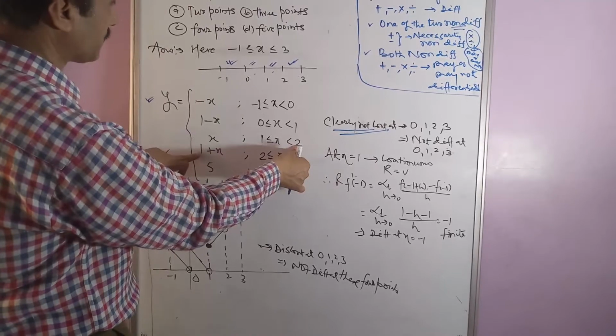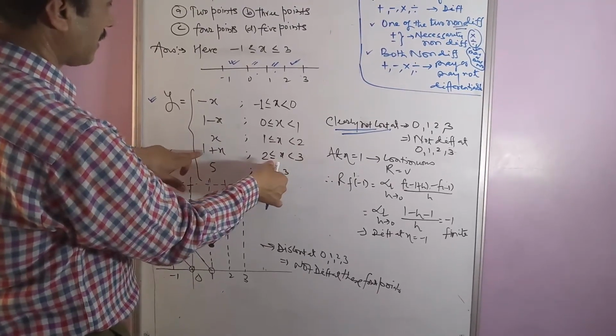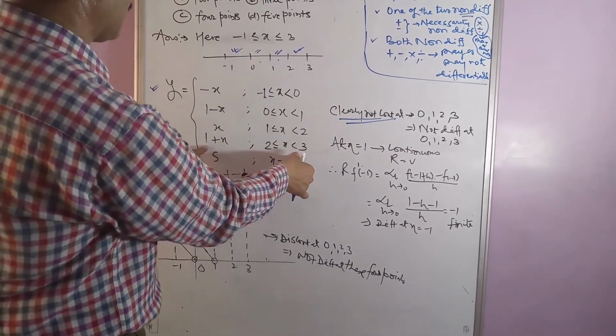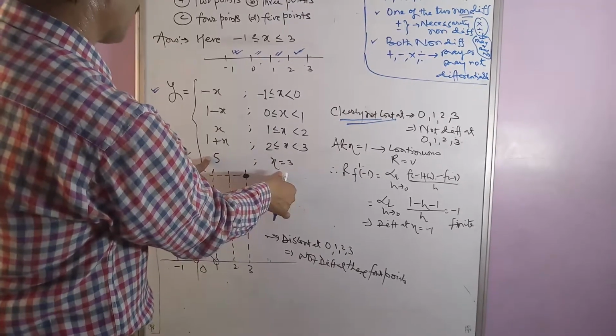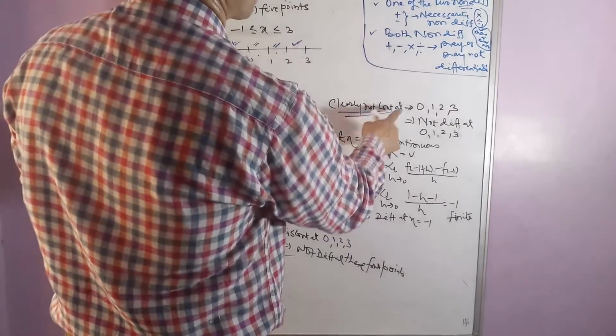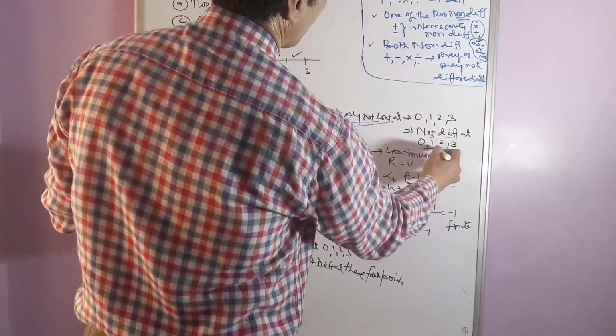At 2, left hand limit 2, right hand limit 3 and value 3. And at 3, left hand limit 4 and value is 5. Clearly not continuous at 0, 1, 2, 3. So not differentiable at 0, 1, 2, 3.